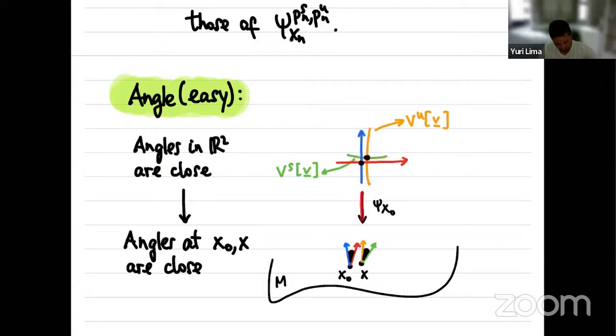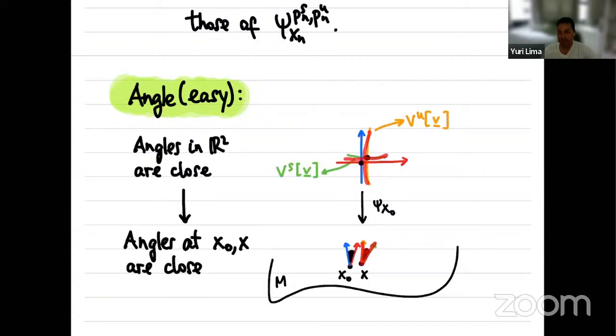If you apply the passing chart to pass from R2 to the original manifold, the distortion is not that big, so the 90-degree angle at X0 goes to this angle here, and the almost 90-degree angle goes to almost the same.